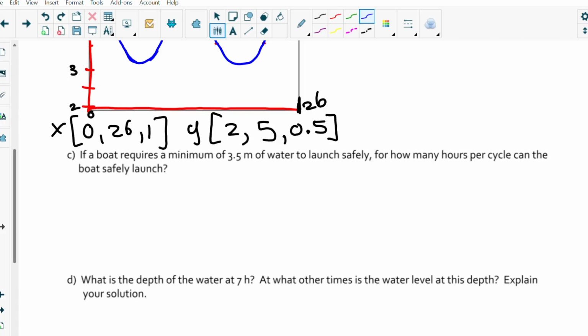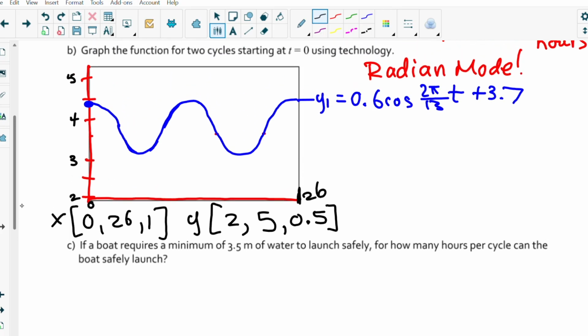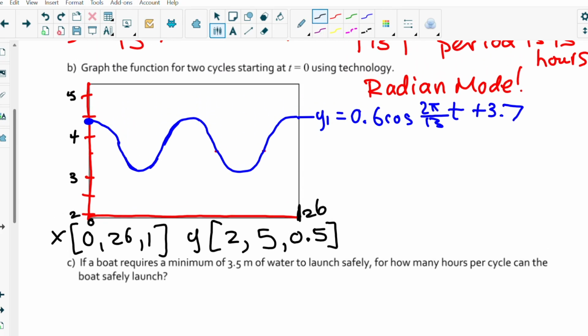If a boat requires a minimum of 3.5 meters of water to launch safely, for how many hours per cycle can the boat safely launch? Well, first of all, we need to find 3.5, which is right here.